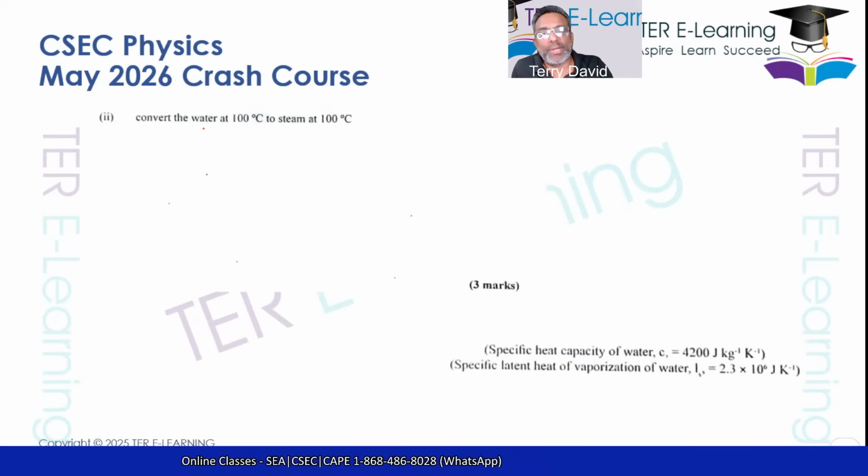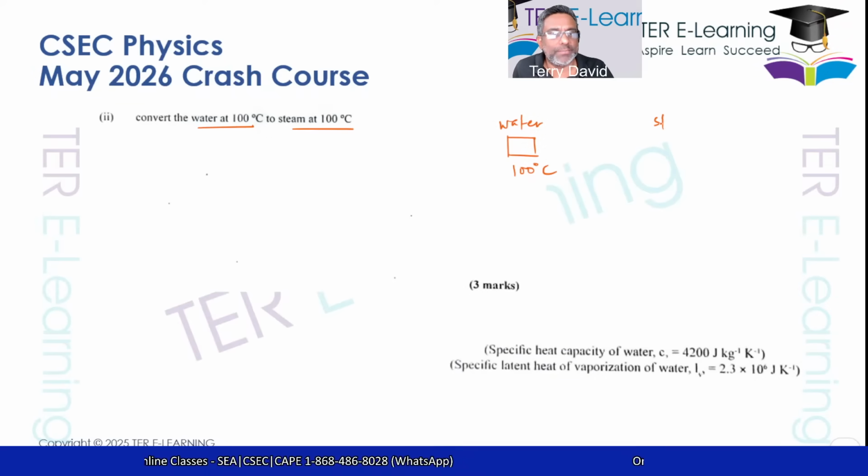First of all, we want to convert the water at 100 into steam at 100. So if you have water, and this water here is at 100 degrees Celsius, and you want to convert that into steam, right? So this is steam here, and this steam here is at 100 degrees Celsius.